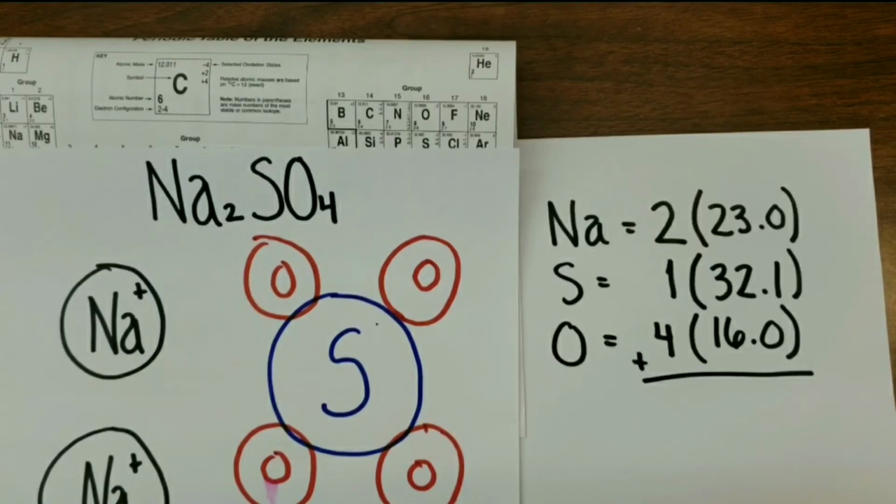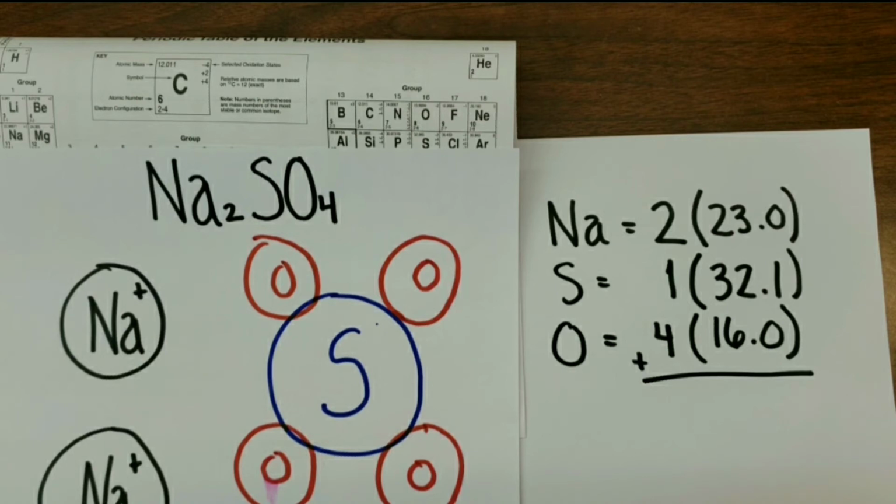So here, to calculate sodium sulfate, we can see that we have 2 sodium atoms, 1 sulfur atom, because when there is no subscript provided, it is understood to be a subscript of 1, and 4 oxygen atoms. When we carefully look at our reference table, we can see that the gram formula mass of sodium is 23.